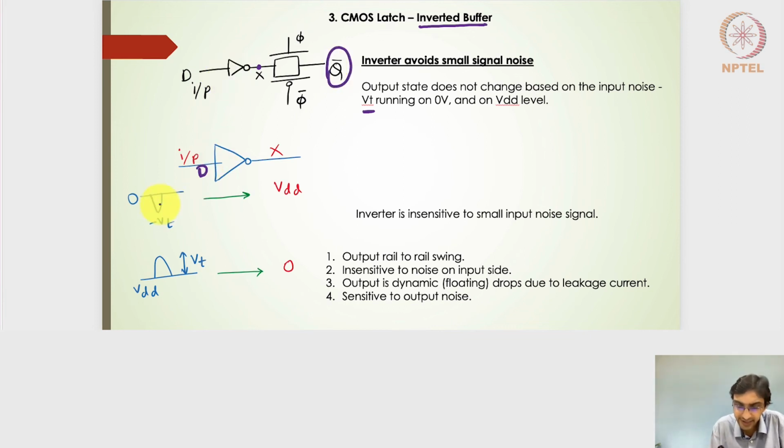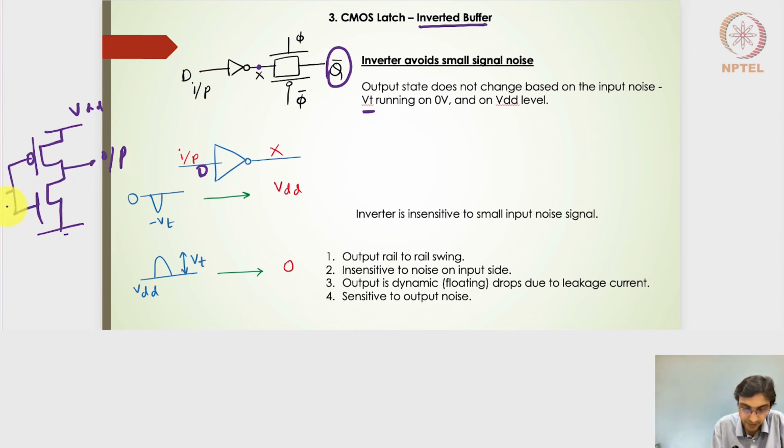Right. So in this particular case, even if it reaches minus Vt, because of the inverter here, if I draw the inverter transistors, so VDD, and then I have a PMOS and then an NMOS, and then this is my output. So this is my input signal. Even if the signal goes below minus Vt here, the NMOS was anyways off initially, even when it was 0 volts, and the output was anyways turned to 1, right?